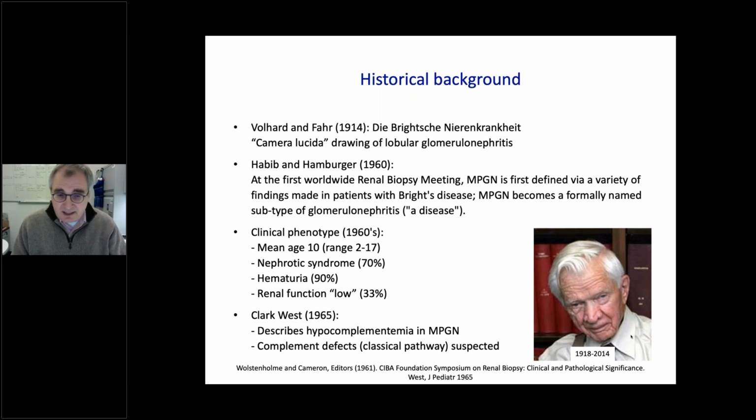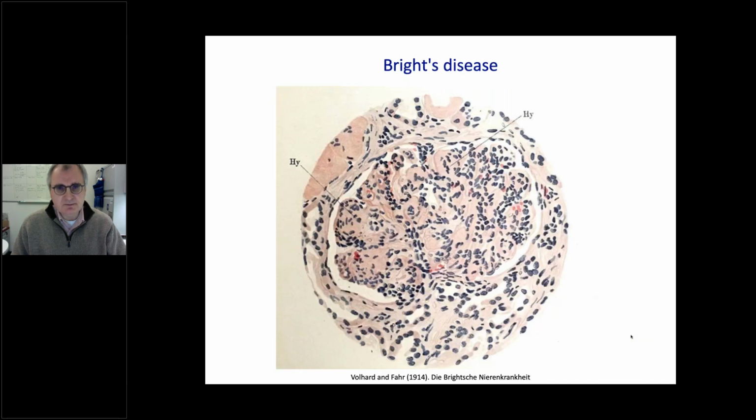It was already in the 60s of the last century that Clark West, just to pay a tribute to him, I show his picture here, and I had the pleasure to meet him once, introduced into the literature the concept of a role for complement in MPGN when he described hypercomplementemia in MPGN, and suspected at that time that the classical pathway was involved.